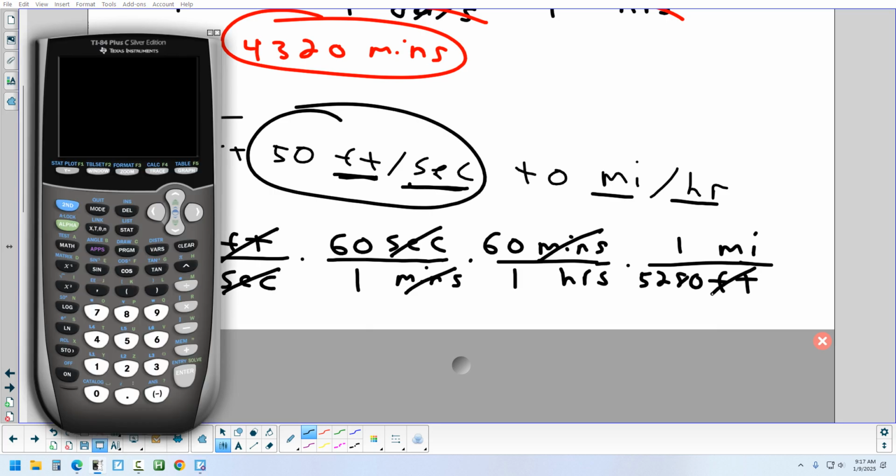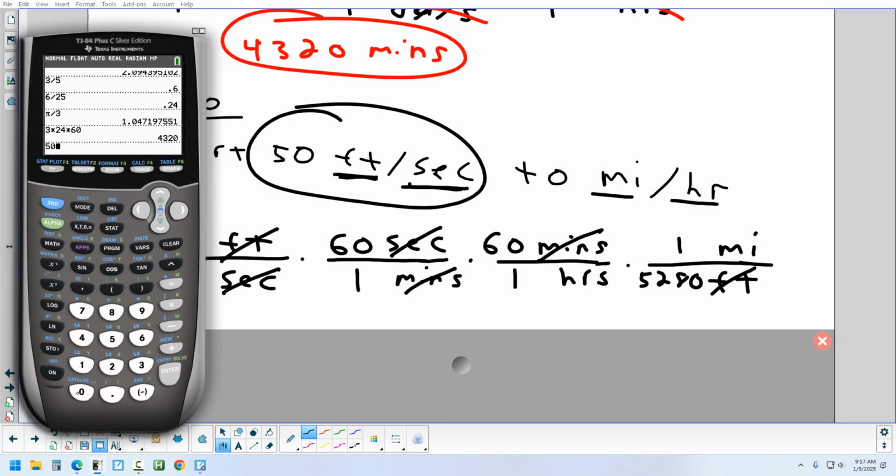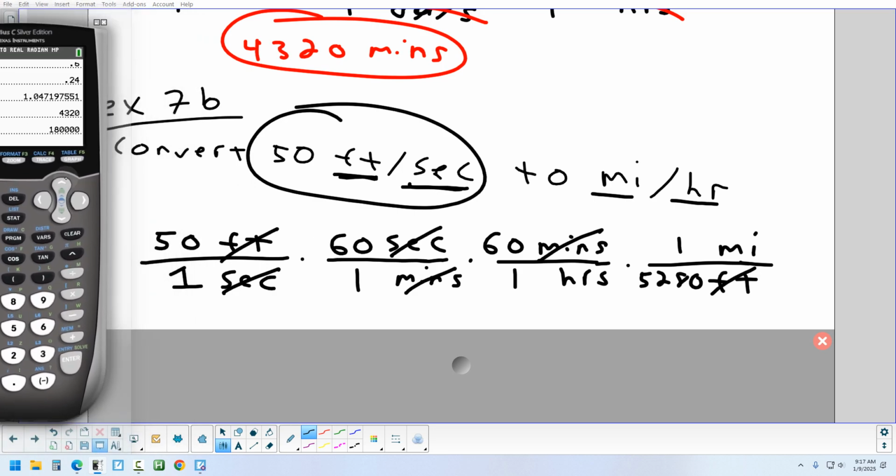Okay, so the way I would multiply it is I would do everything in the top first. 50, 60, 60. So that's everything in the top. And then divided by, I'll type it in the way I would do it if these weren't all ones. I really only need to divide by 5,280.